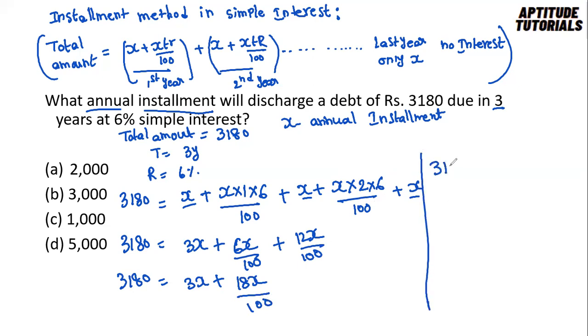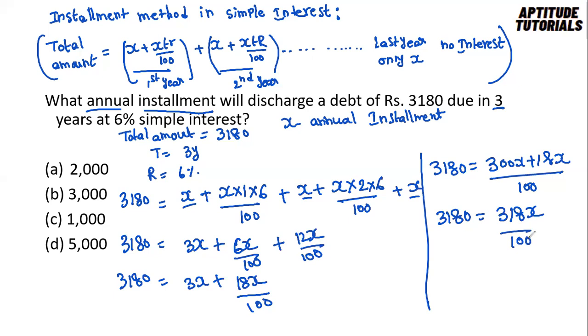Next, 3180 equals, if you calculate the two fractions, 300x plus 18x divided by 100. Next step, this is 318x divided by 100. 318 ones, 318 tens. So x is equal to 1000. X is nothing but the annual installment we have taken, and the value of x we got is 1000.